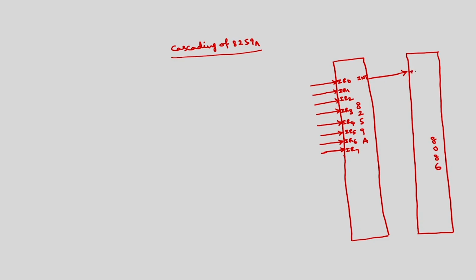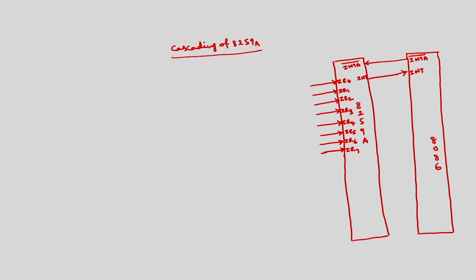So, this INTA bar will be connected to INTA bar of 8259. I am showing the connections of only the important signals, to show how this cascading will be performed.